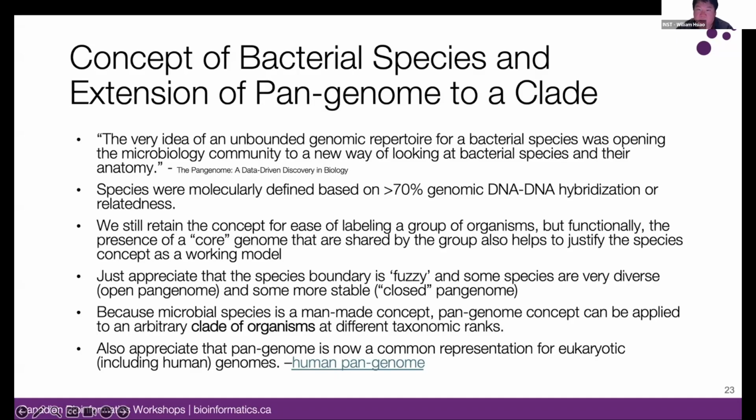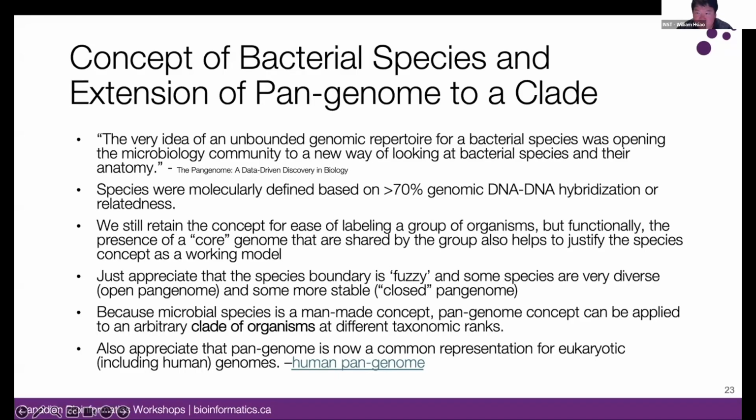But we still retain the concept and the term species because it helps to ease the labeling of a group of organisms, to give them a name so that we as humans can talk to each other about a group of organisms, right?